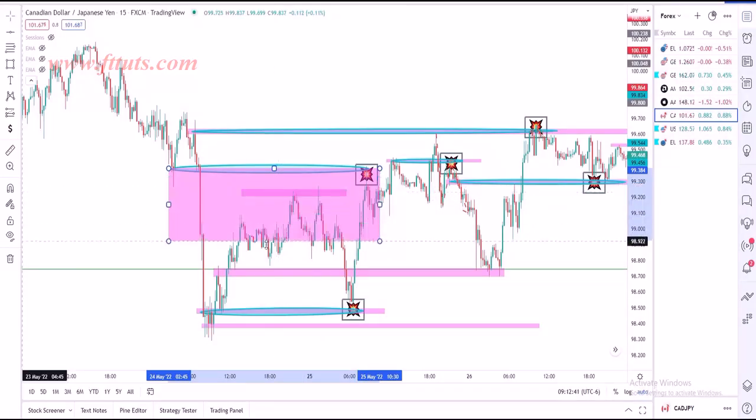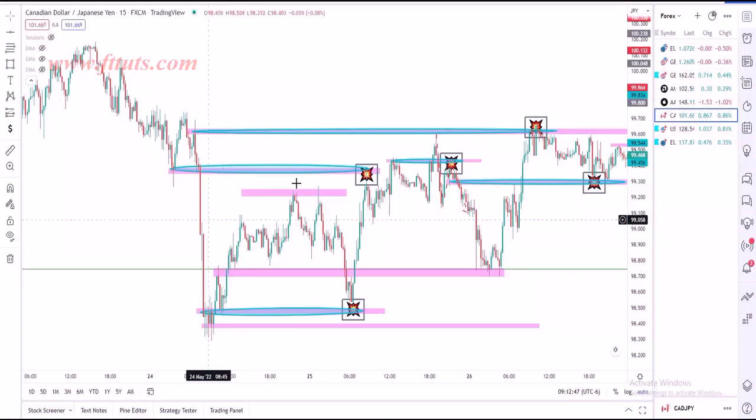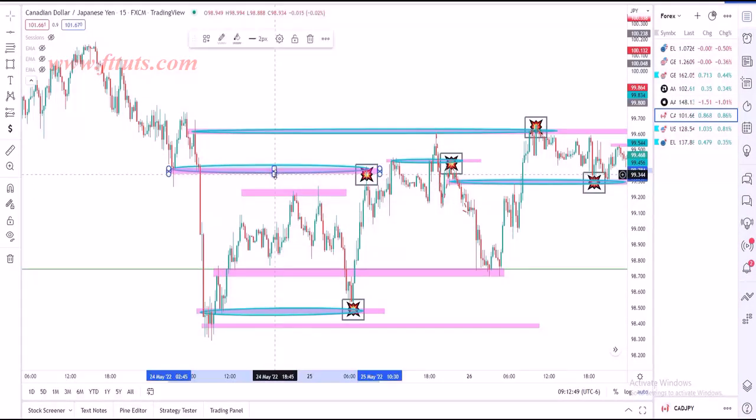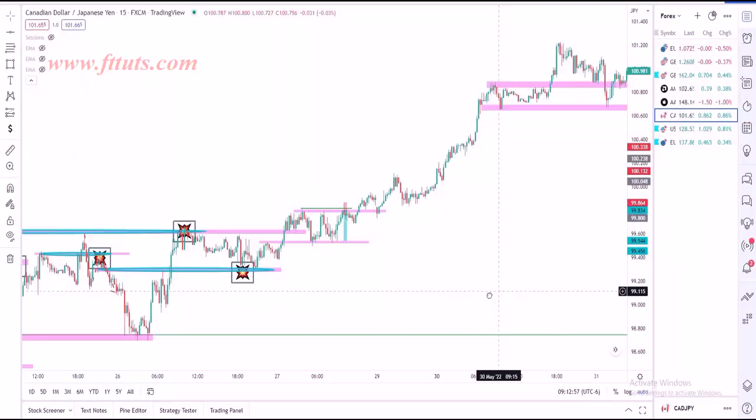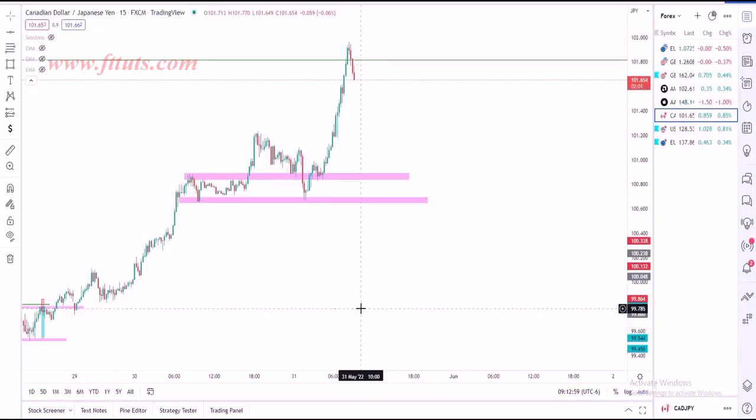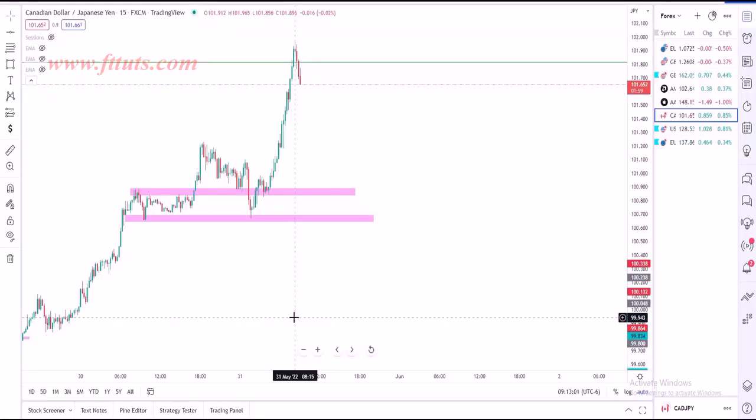You don't want a key area that's huge or something like that. You want to make it reasonable, just reasonable. Something like this, something like this, just somewhere in between. Okay, there's not a very specific to the pip type thing that we need to be doing here. It's just a general thing.